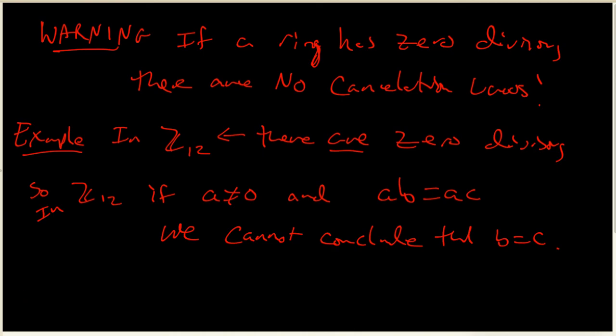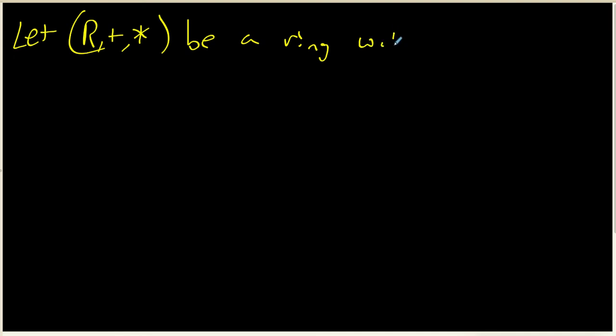And that leaves us with the need to define the kind of rings that have no zero divisors. So to wrap this up, we wrap it up with a formal definition. Let R under its addition and times be a ring with no zero divisors.